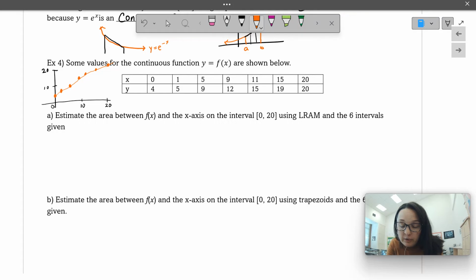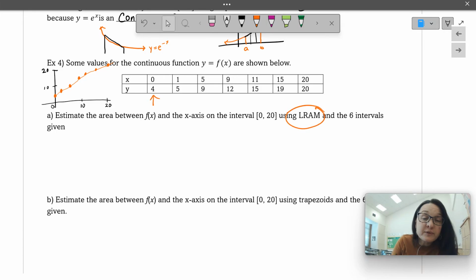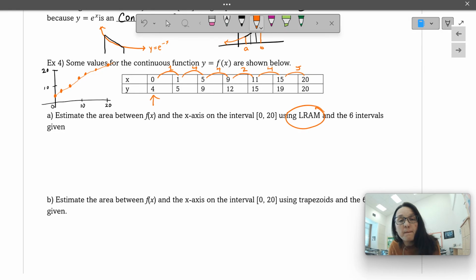Estimate the area between f of x and the x-axis on the interval from 0 to 20 using LRAM in the 6 intervals. Okay, so if I'm doing LRAM, I'm going from left to right. And my intervals are going to have widths of 1, 4, 4, 2, 4, and 5.